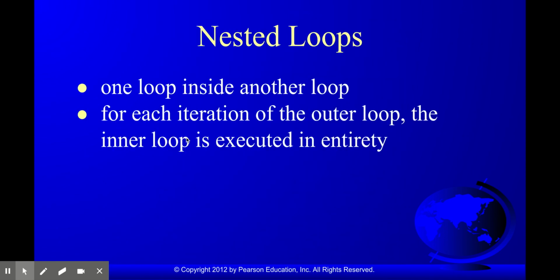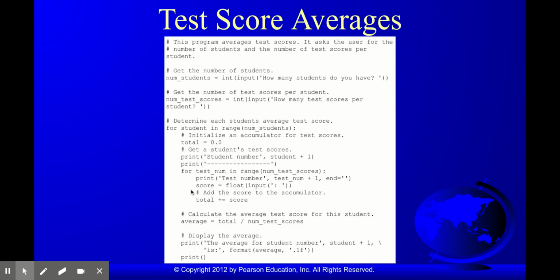Nested loops are obviously one loop inside another. It enters the outer loop, does the multiple loops on the inside, and then will do another run of the outer loop. This is the average test scores program. It gets the number of students and gets the test scores.